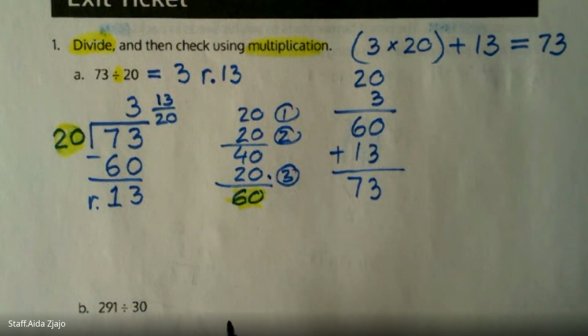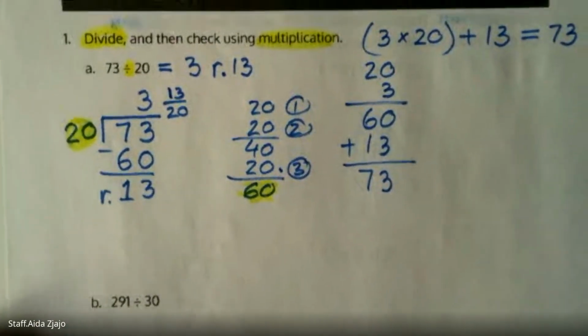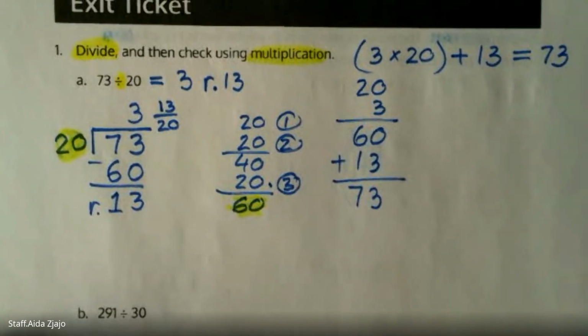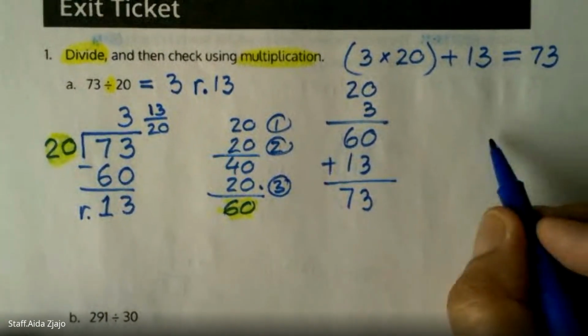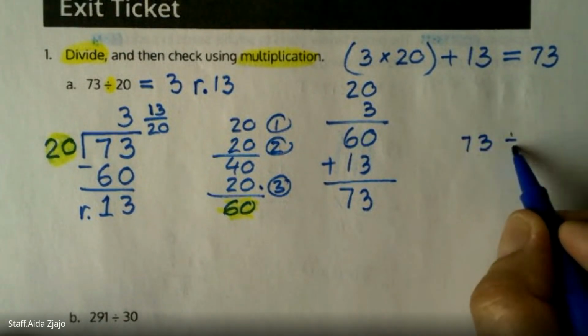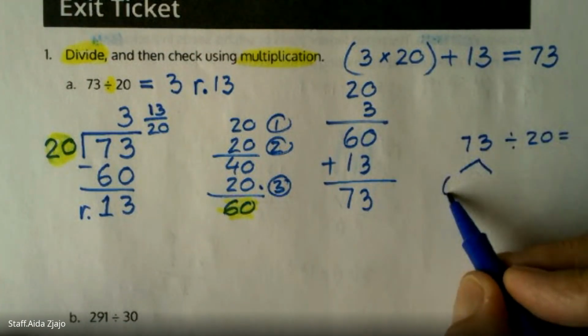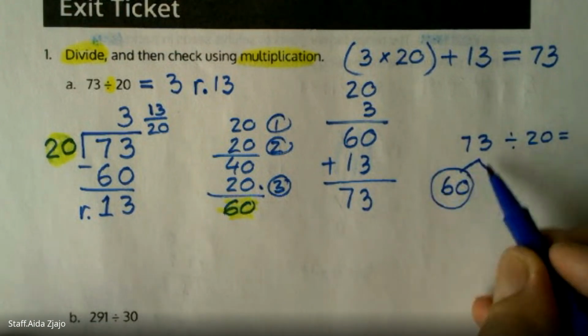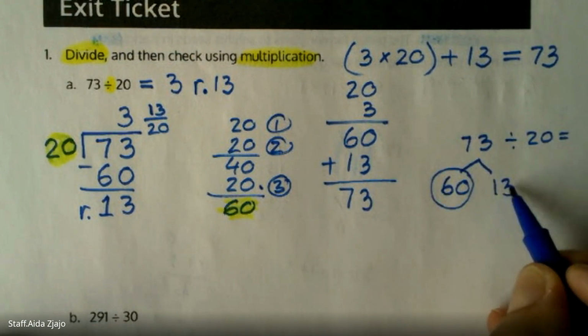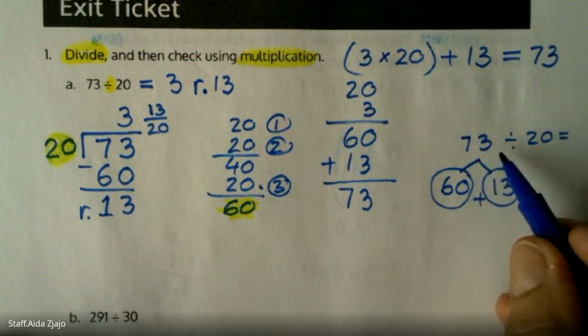Another way to do it: if you have 73 divided by 20, you can think about unbounding it into 60 and 13. So 60 plus 13 is 73.